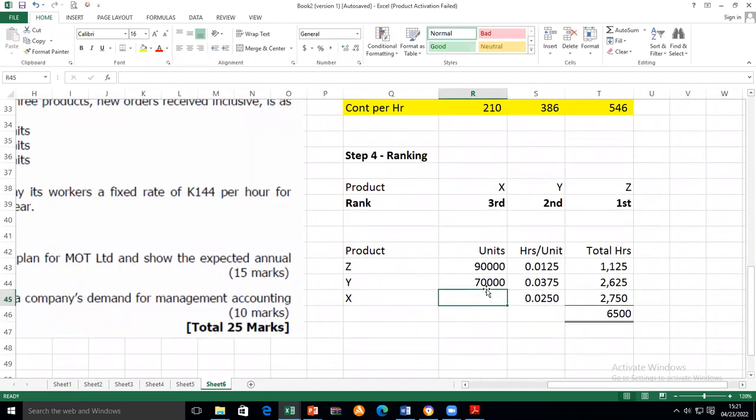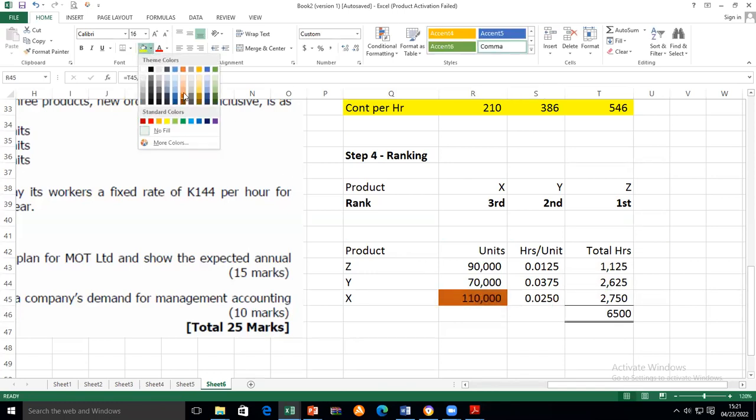So how many units can we get out of this? You take that divided by that one. So 110 is what we can do instead of 140. So this is what we can produce from what was remaining.